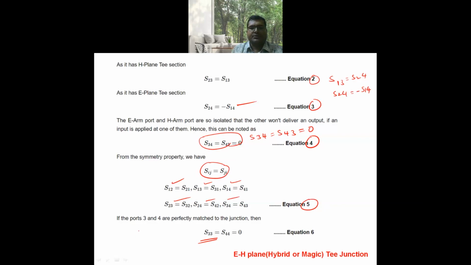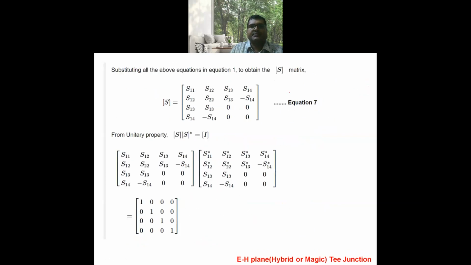In general we consider port 3 perfectly matched with the junction, so S33 is equal to 0, and in the same way port 4 is perfectly matched with the junction, so S44 is equal to 0. Applying all these properties and rearranging, we get the modified S matrix given by equation number 7.